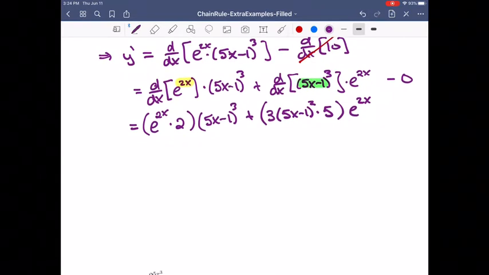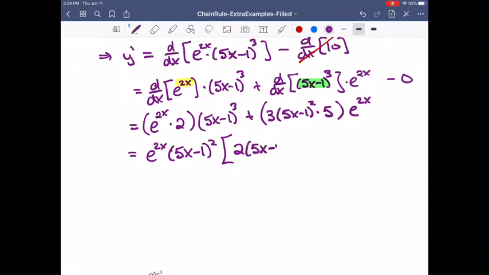Now again, I can factor out e to the 2x and also (5x minus 1) squared. So what I'm left with in my first term is a 2 and one more (5x minus 1), and in the second term I just have 15, because I took the e to the 2x and the (5x minus 1) squared. So I have the 3 and the 5.